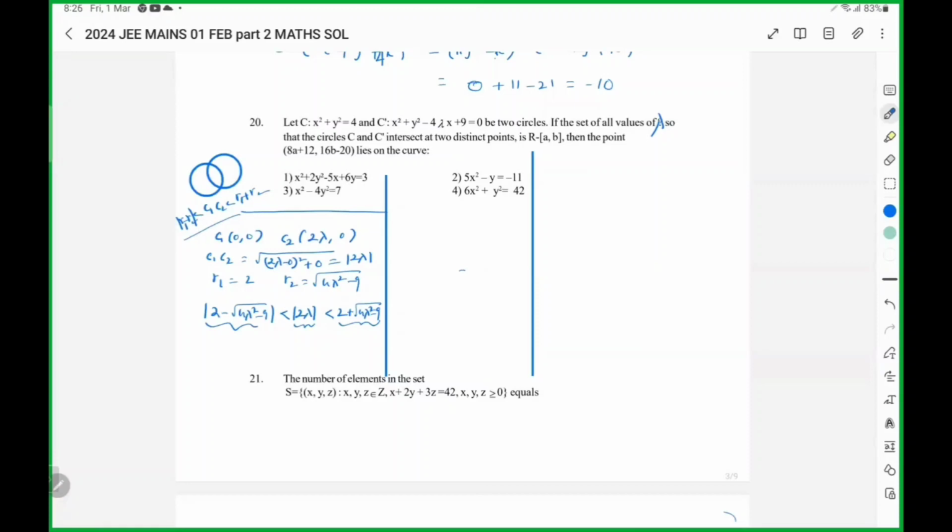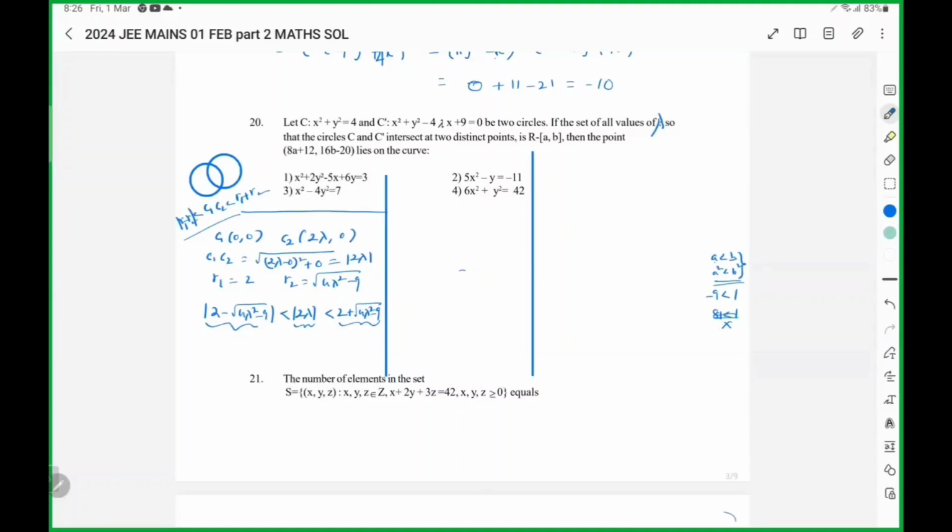What we get here is: if A is less than B, and both A and B are positive, then only this relation is correct. Suppose A happens to be minus 9, B happens to be 9, it's wrong. So here modulus is there.